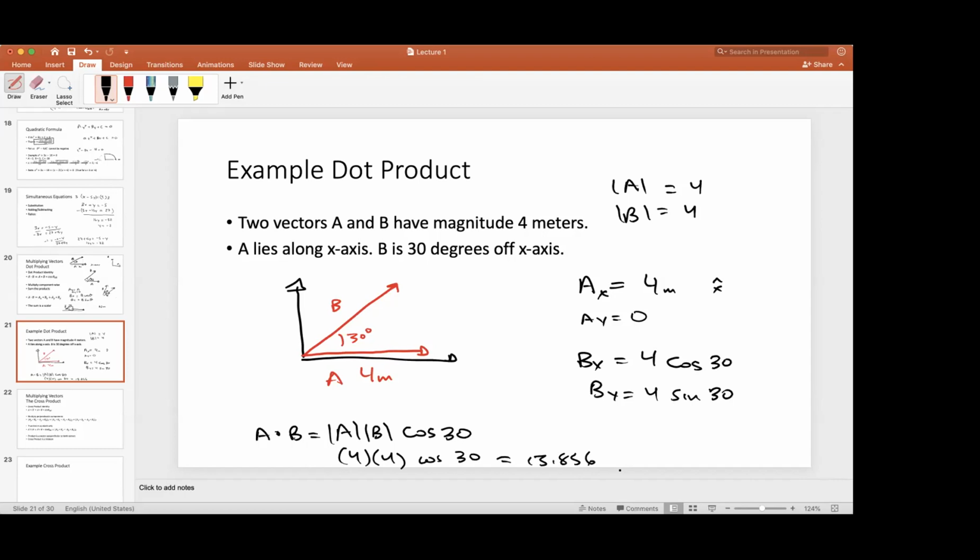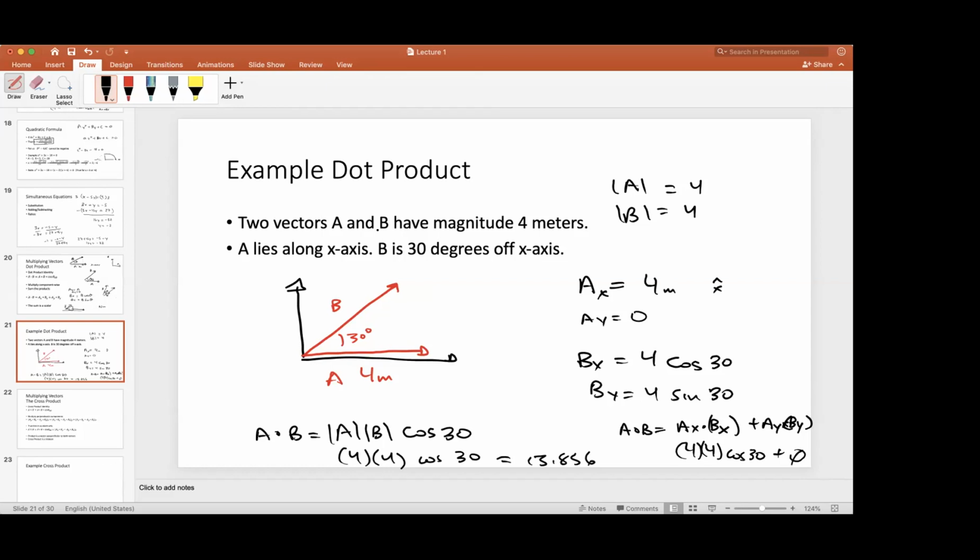But it's a scalar. It has no direction, okay? We could also do it the other way, which is A dot B is equal to AX times BX plus AY times BY. So AX and BX is 4 times 4 cos 30, plus 0, and again, same answer, 13.856.